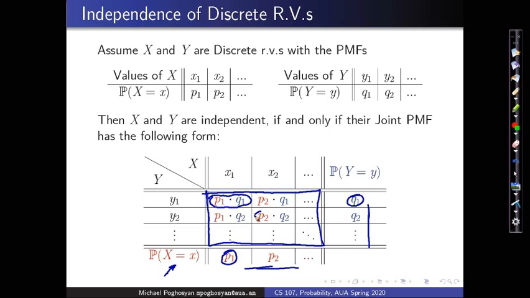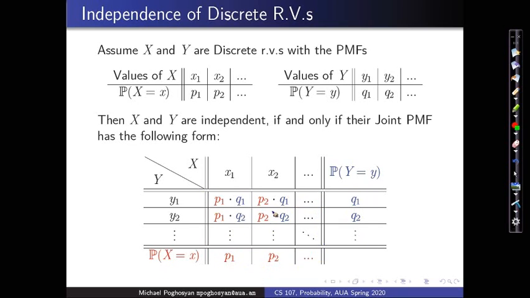Say if I consider this probability, this is at this column and at that row, so q2 from here, p2 from here, and the product is written here. So if all elements in our joint PMF are obtained by multiplying corresponding marginal probabilities, then we have independence. And inversely, if we have independence, then all these numbers are obtained in that way.